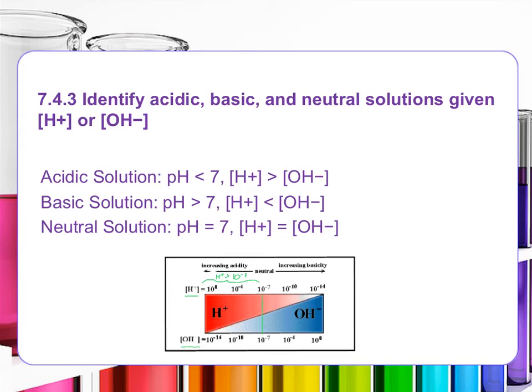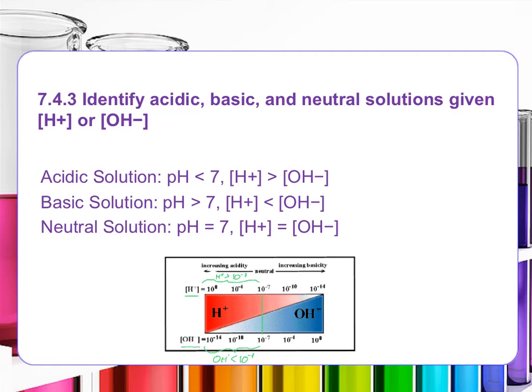Also, if you're looking at the acidic solution, that also means, if we look underneath, that the concentration of OH minus is going to be less than 10 to the minus 7. Because although 10 is a bigger number than 7, remember they're minuses. So a minus 10 is actually a smaller number than a minus 7.